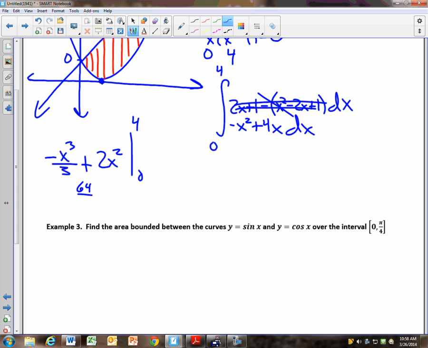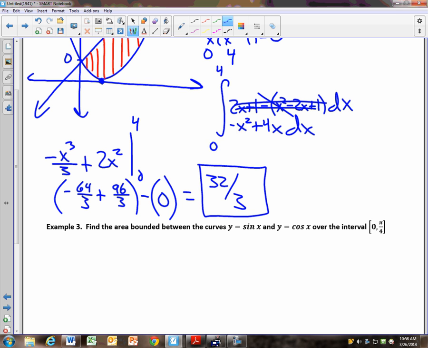So I got negative 64 over 3 plus 32, or 96 over 3, right? Minus 0, because you have 0 down there. Equals negative 64 plus 96, 32 thirds. Ain't that special.